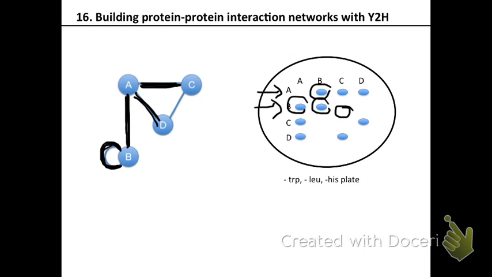It does not interact with C, and it does not interact with D. And you do the same thing with C. C interacts with A again, which we knew. And C also interacts with D, right? And then next in line, D interacts with A, which we knew, and D interacts with C, which we knew from the other test. Make sense?